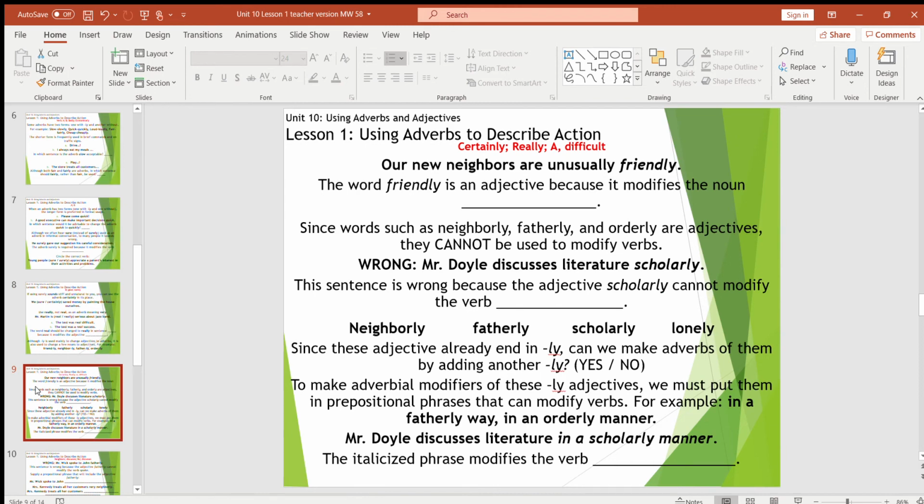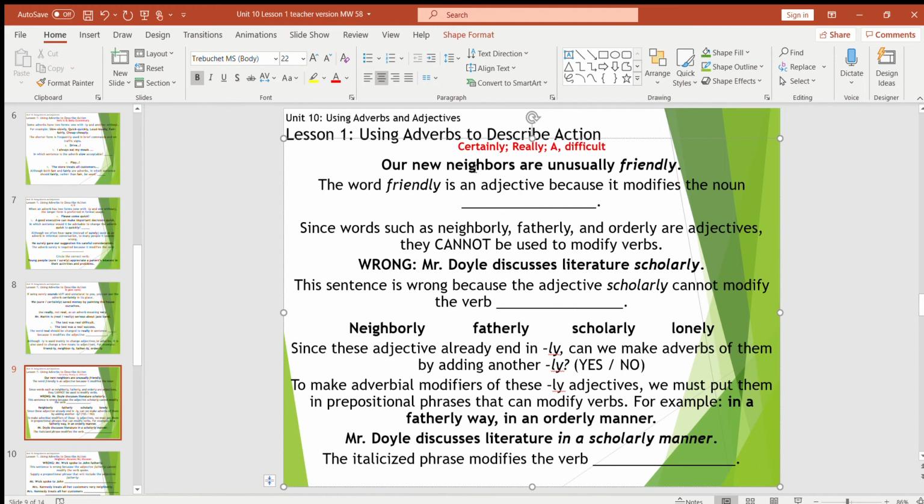The word friendly in the sentence is going to be an adjective, even though it ends in ly. This is that 5% exception to the ly adverb rule, okay? It's an adjective because it's describing what noun? The neighbors, right? The neighbors are friendly. They're not doing anything in a friendly manner.